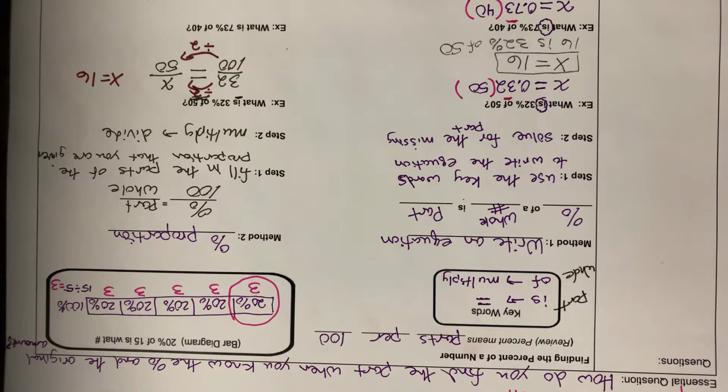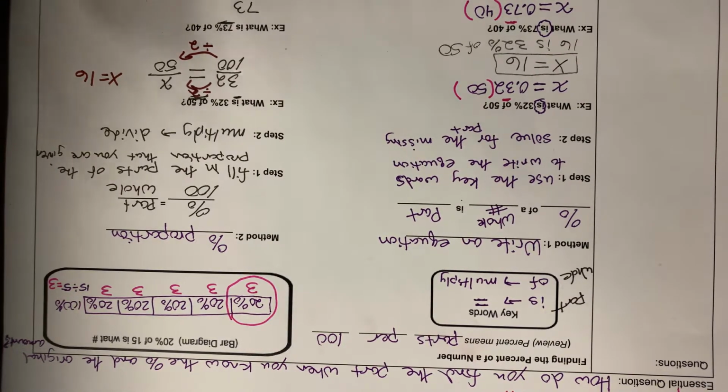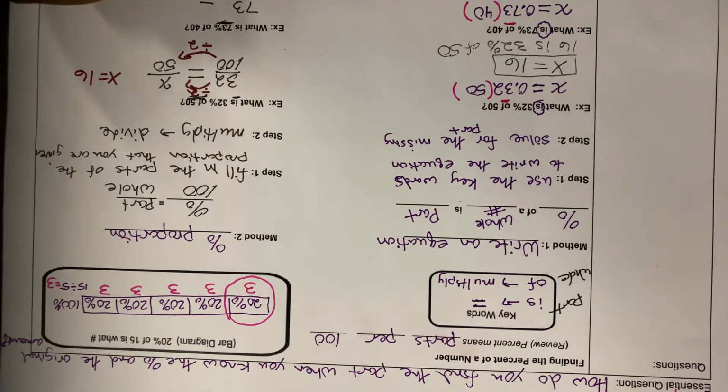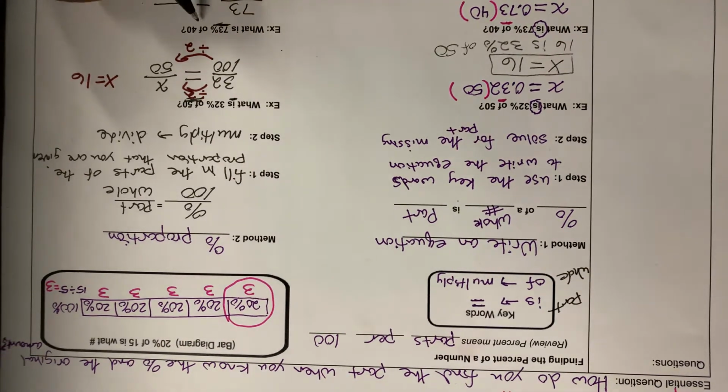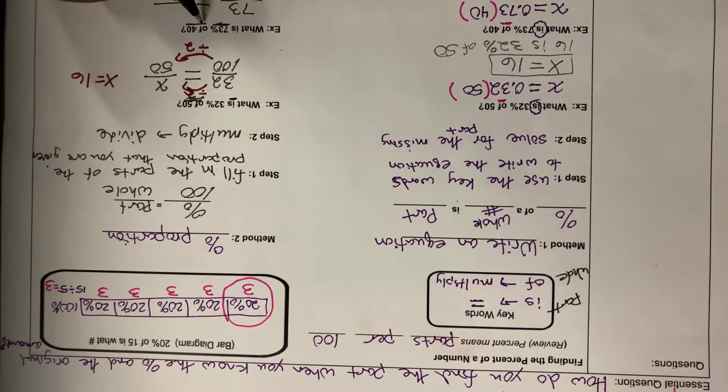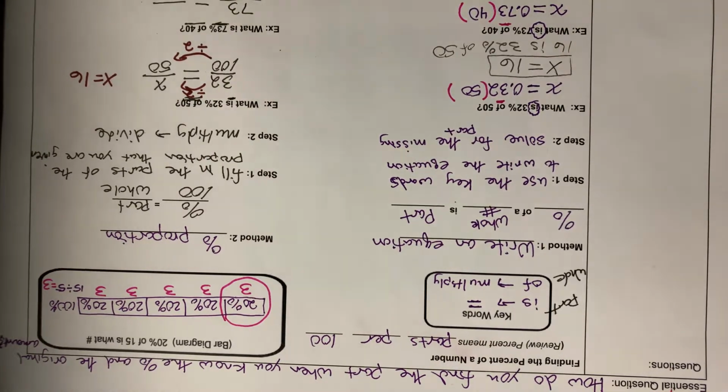We have what is 73% of 40? To start, we have our percent that's given to us. So it's 73 compared to 100 because percents are always compared to 100. From there, it's going to be equal to, and then once again, I have "of 40," and this "of 40" means that I have the whole.